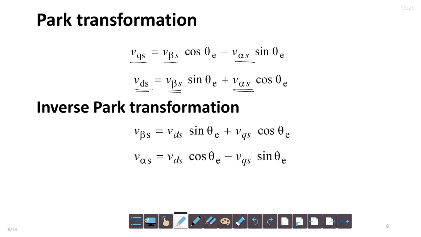So, we consider the same reference frame, and you get the inverse of this matrix.